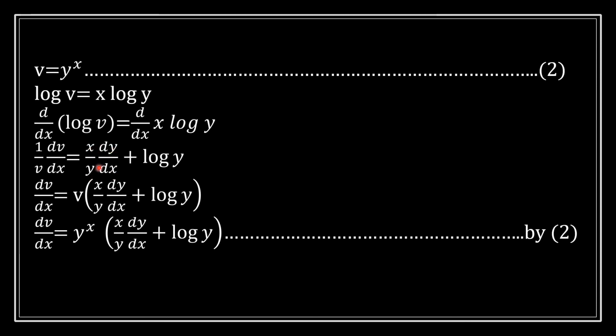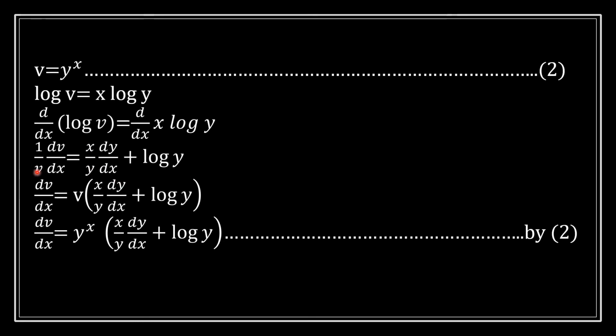So x into 1 upon y, I have written x upon y dy by dx, right? Plus, now log of y as it is multiplied by the derivative of x, which is 1. So it doesn't need to be mentioned here. So I am getting 1 upon v into dv by dx is equal to x upon y dy by dx plus log of y, right?